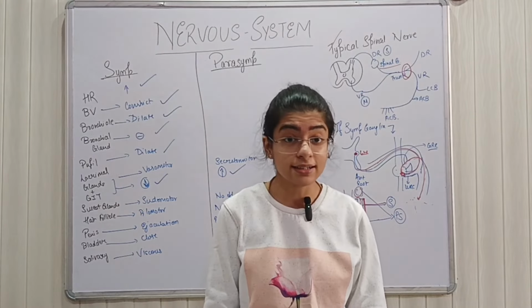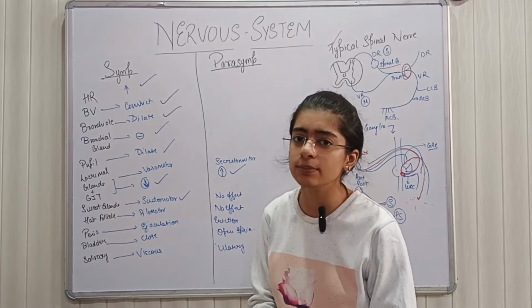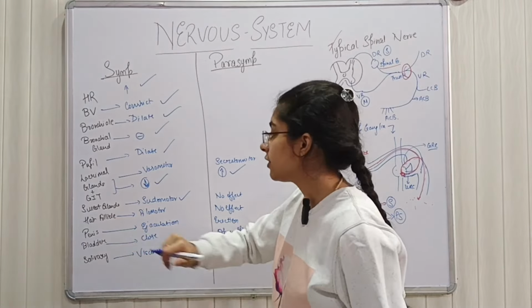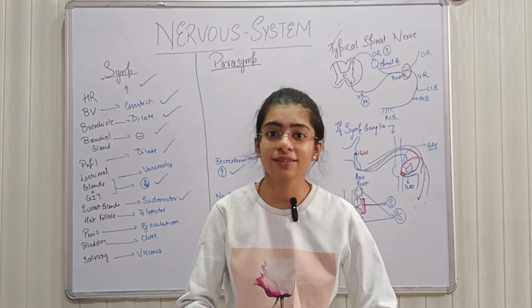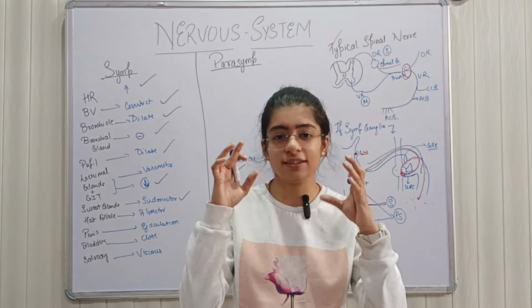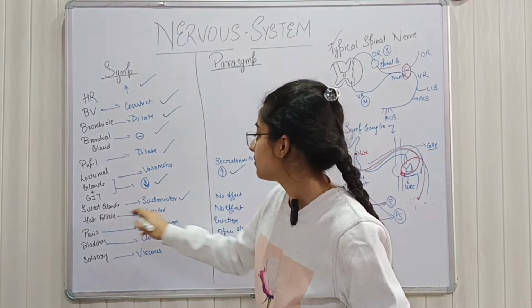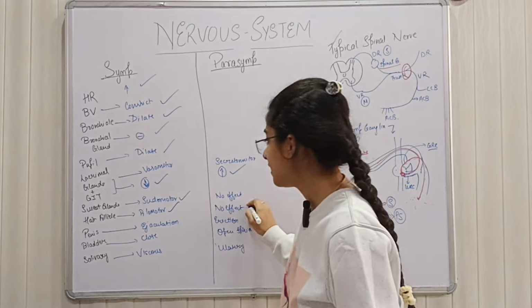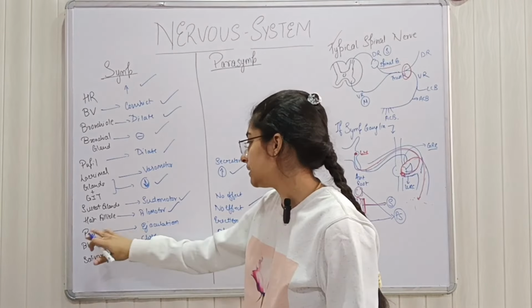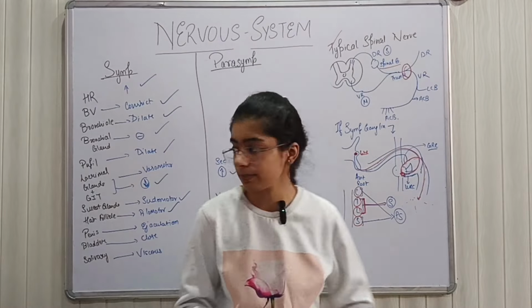Now sweat glands. Yes, I am very frightened. So more sweat. So pseudomotor. But here parasympathetic, no effect. Hair follicles. Sometimes you must have seen those GIFs where your hairs are standing, erect. So pilomotor. But here it is no effect again. Now the penis will have ejaculation here, and here it is the erection part.